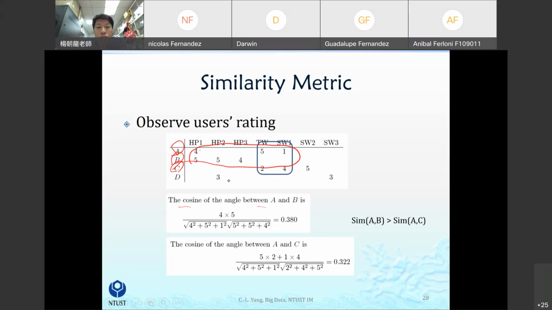Only this part is what we calculate, along with the vector's length. The similarity for A and B is 0.398, and the other one is A and C, which is this one and this one. That's a 2. So we are able to measure the similarity between A and B, and A and C.